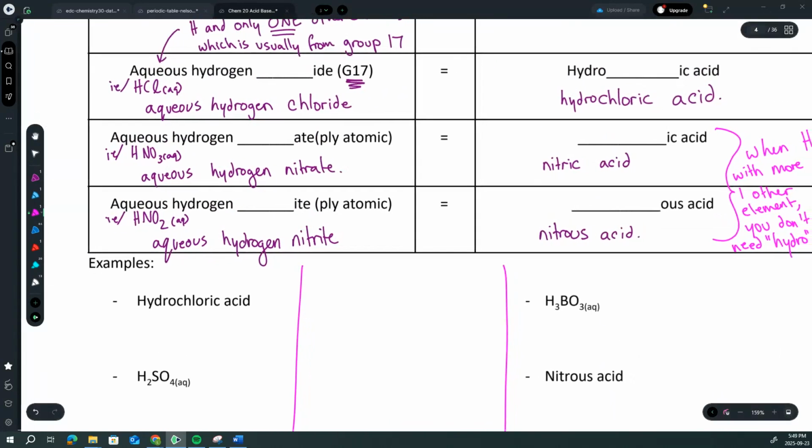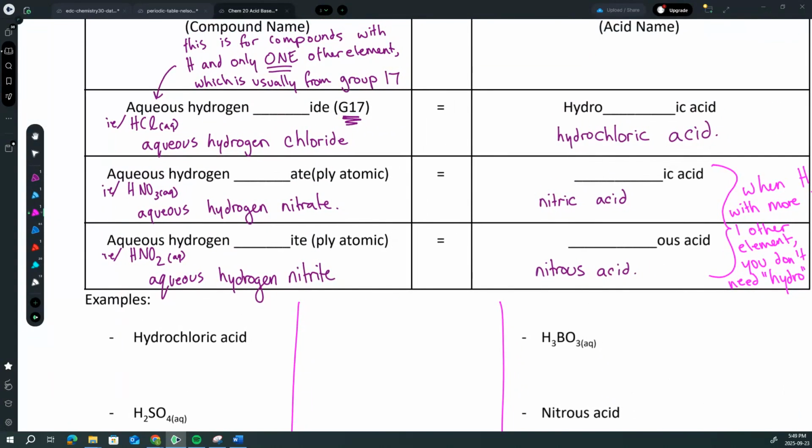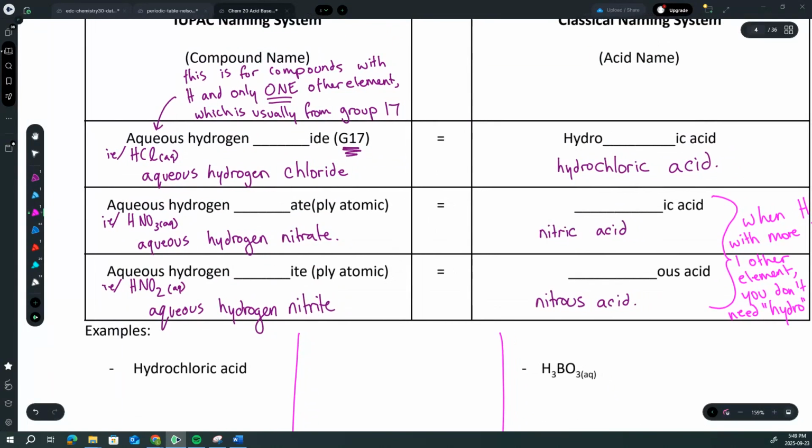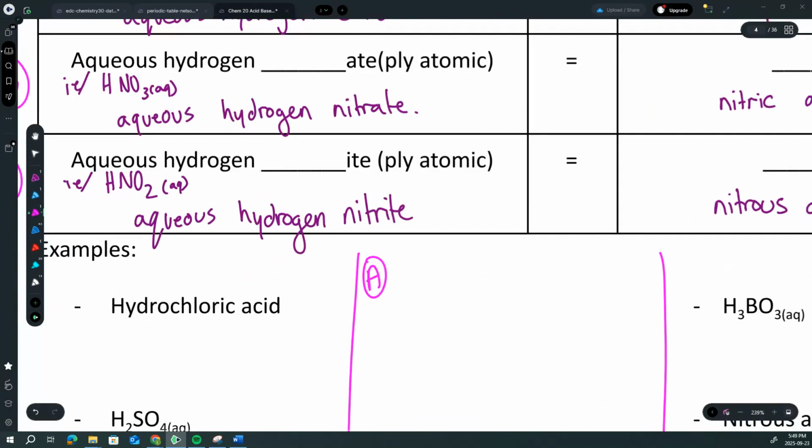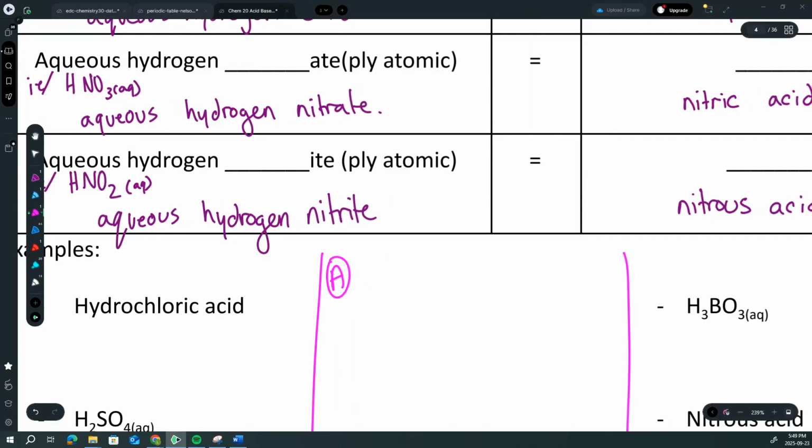I'm going to label this A, B, and C. For the case of A, the sentence that I use to help me remember how to name the acid using the classical naming system would be, my ride has hydraulics, which I'm going to have to scooch to the next line.